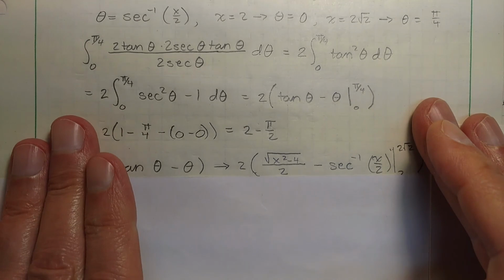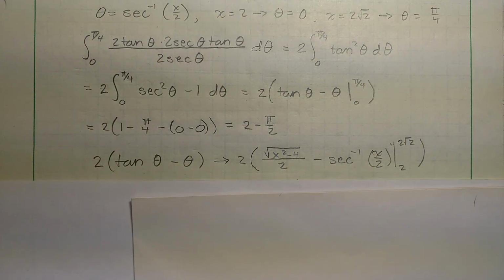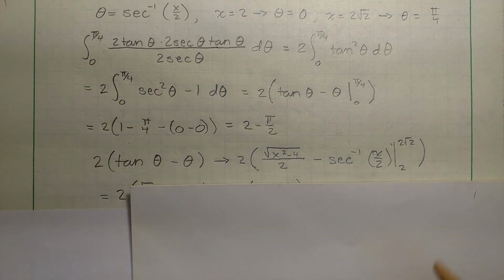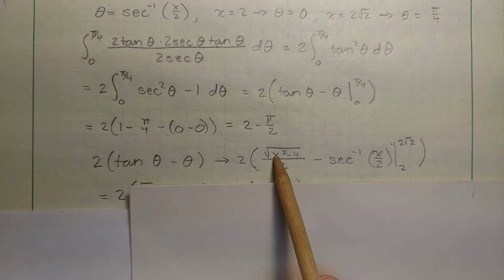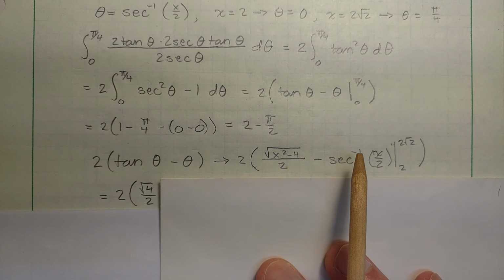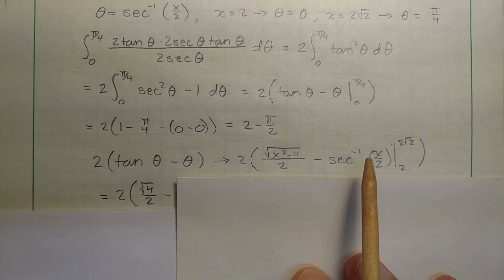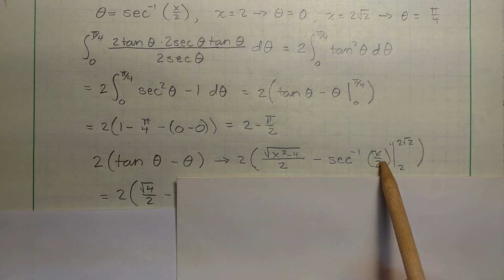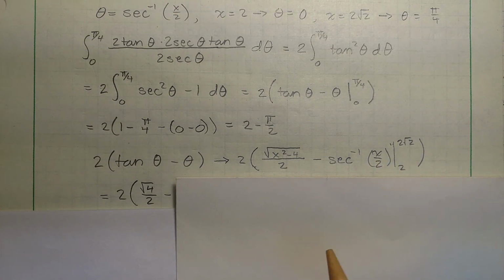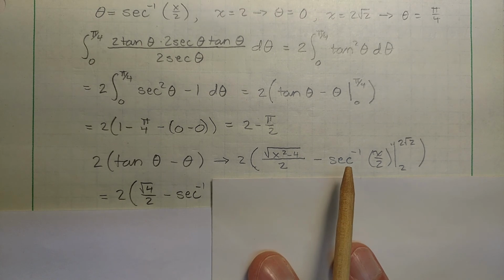So this goes much as you would expect it to. It's going to be 2 times, putting in 2 radical 2 here. That becomes 4 times 2, or 8. So I get 8 minus 4 for radical 4 over 2, minus. Putting this in here, I get the inverse secant of radical 2, which we already talked about how that ends up being pi over 4.